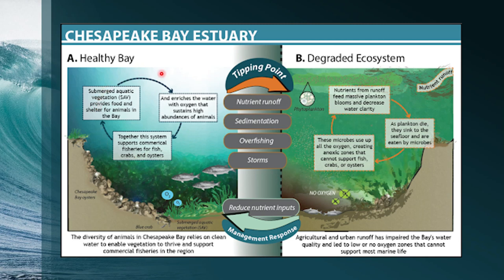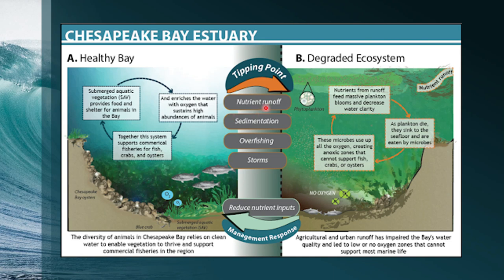These things all feed one another. We have high oxygen, lots of oysters, and clear water because of the oysters. We have a lot of SAV because we have clear water. That gives us a lot of animals. It's a system that feeds itself with healthy elements.